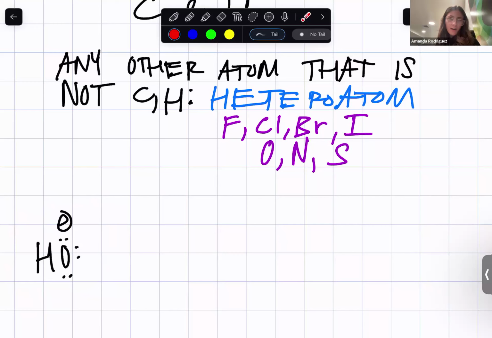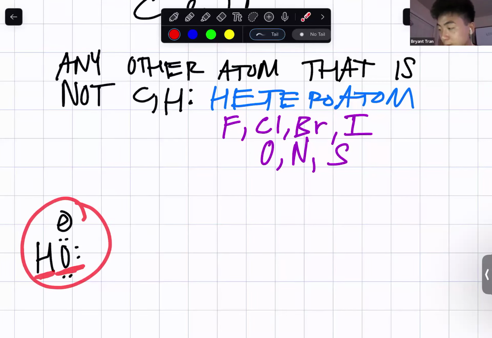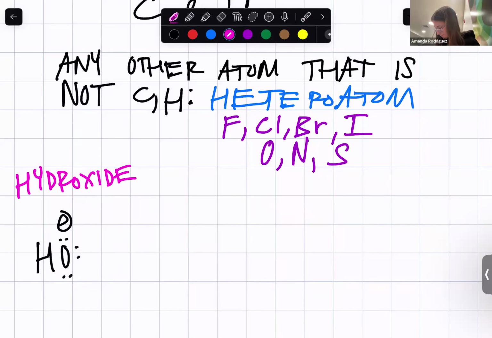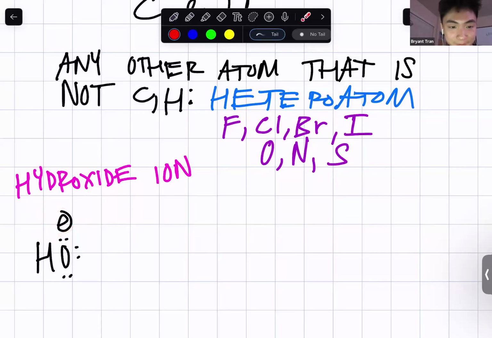Hydrogen monoxide? Hydrogen monoxide would be something else with one oxygen. There is one oxygen, right? Monoxide, and there is hydrogen right here. But we call this right here hydroxide. Hydroxide ion, right? And a hydroxide ion is going to have a -1 formal charge like that.